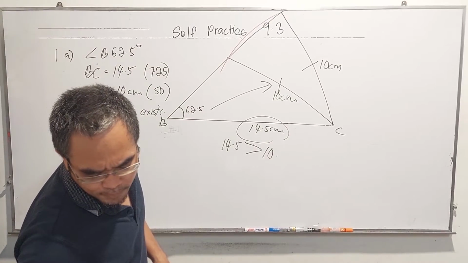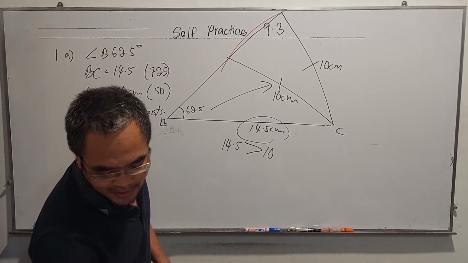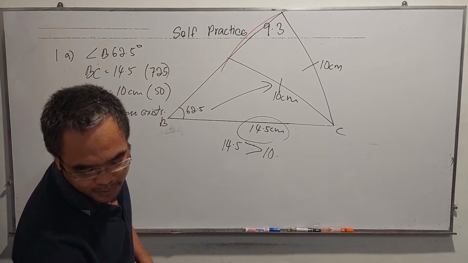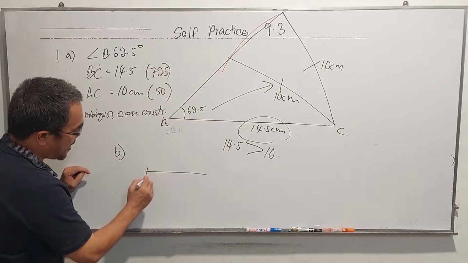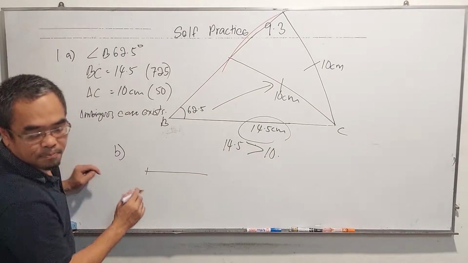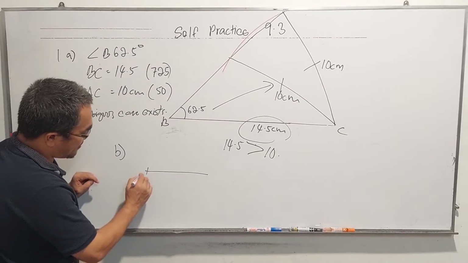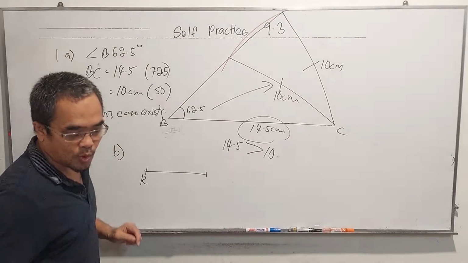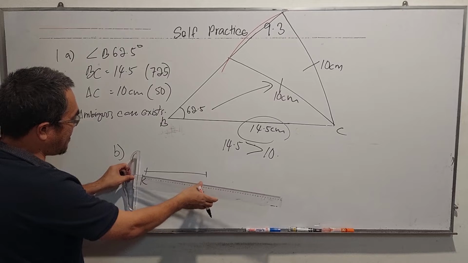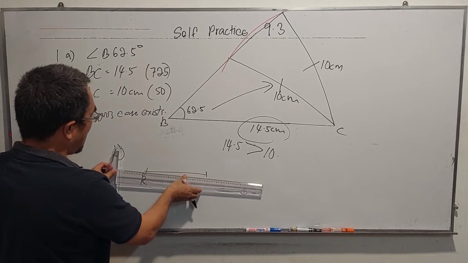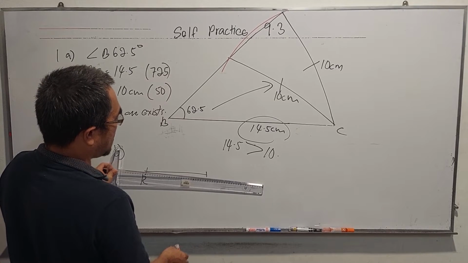We draw first. Because the angle that we want is at R, we have to involve R. So we have to start with 8.2. For example, let's say this is angle R, at R, and this is Q. But this one you have to really measure that 8.2. Let's say I measure very short 8.2.